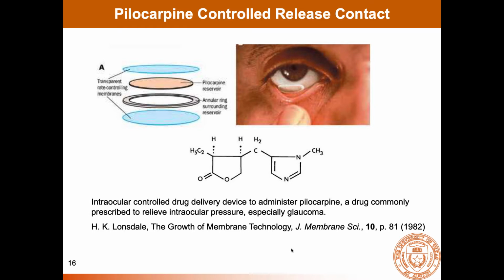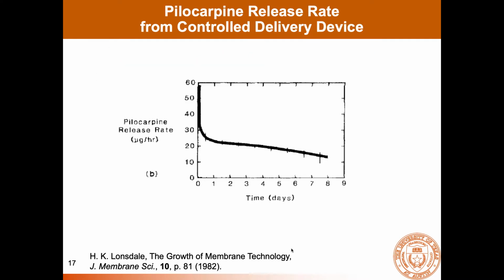There are drug releasing contact lenses, and this one releases pilocarpine, which is a glaucoma treatment drug. You can see how that is set up between what we would call the contact lenses, or rate controlling membranes, and then there's a reservoir. They sandwich a reservoir of the pilocarpine, and this is showing its release rate over time.